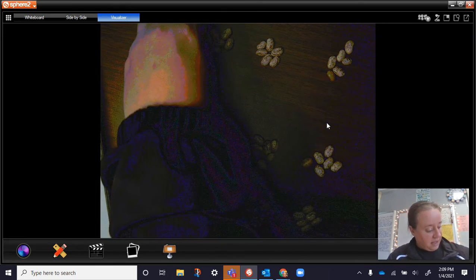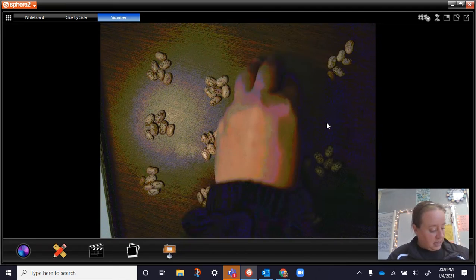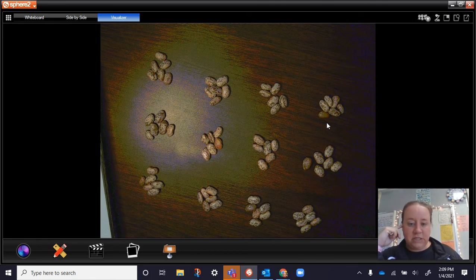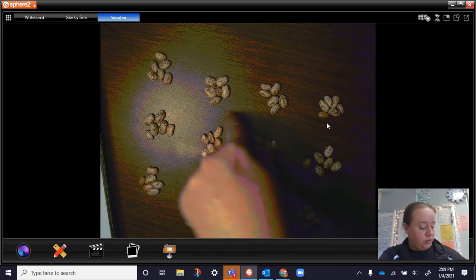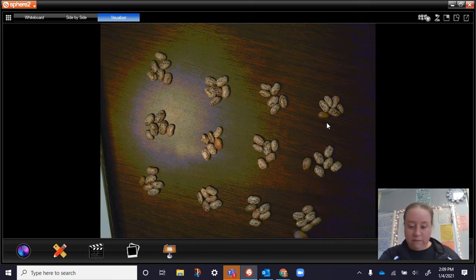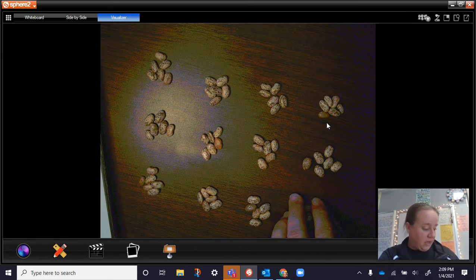Each one of them has 6 beans in it, so we've got groups of 6. And if I were to count each bean individually, I would have 72 total. And so now, in order to figure out how many piles he was able to make, I just need to count them. So 1, 2, 3, 4, 5, 6, 7, 8, 9, 10, 11, 12. So I've got 12 piles.